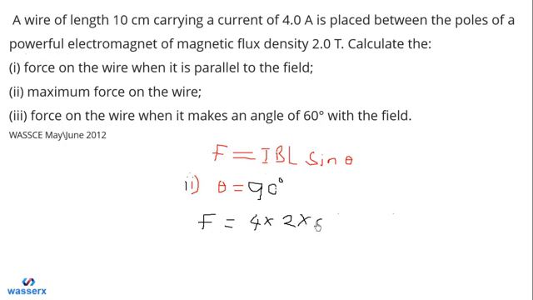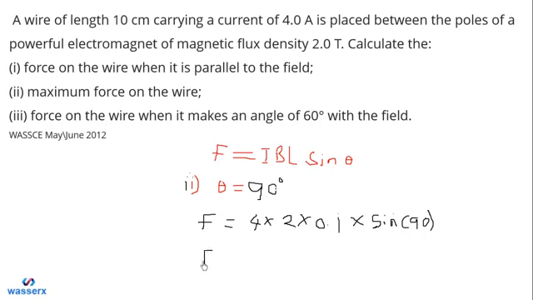In meters we have 0.1, then times sine 90. And we know sine 90 is equal to 1.